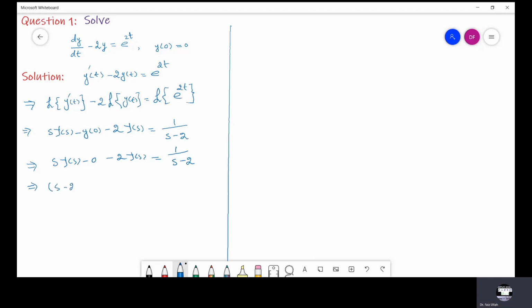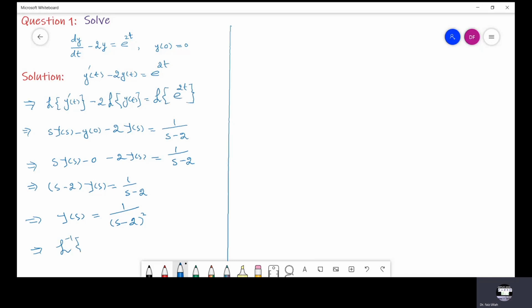Taking y of s as common, we have s minus 2 into y of s, which is equal to 1 over s minus 2. Now keep y of s on one side and transfer all other terms to the other side. So we have y of s equal to 1 over s minus 2 whole square. Now the last step is to take inverse Laplace transform.